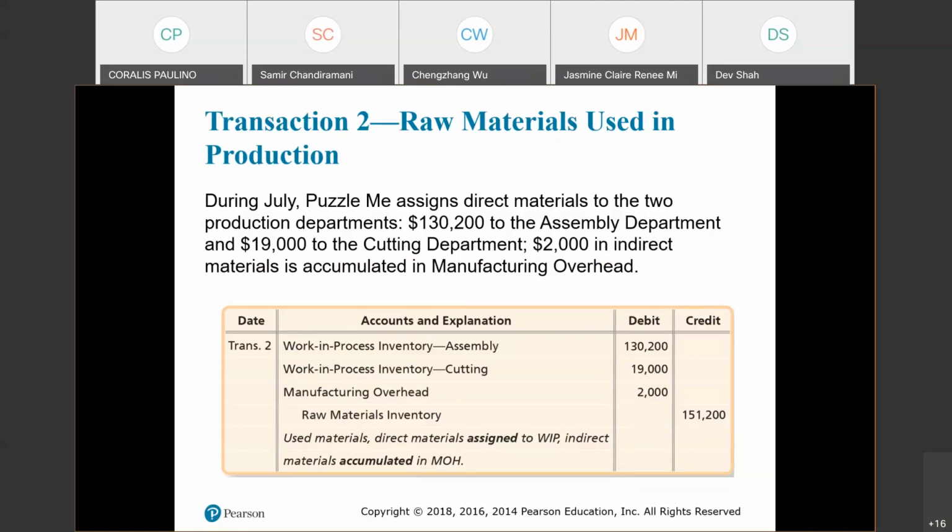So we sum up these 3 numbers to credit raw materials inventory and debit each WIP inventory account for both the assembly and the cutting department for direct materials, and the indirect materials go to the manufacturing overhead account, a debit.